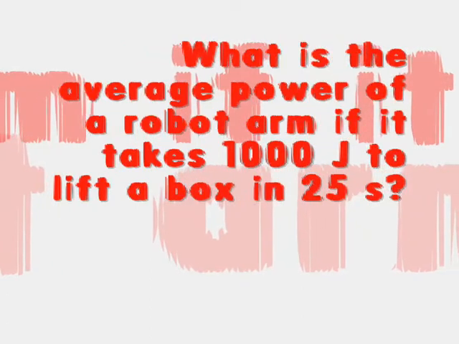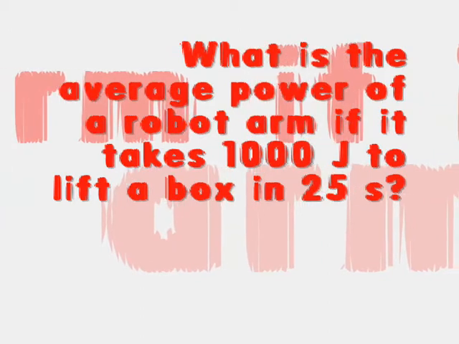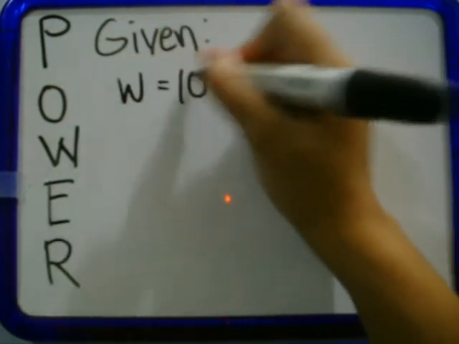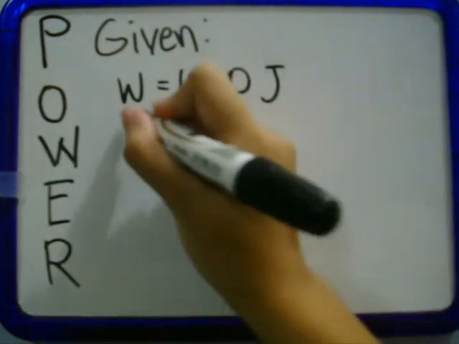What is the average power of a robot arm if it takes 1000 joule to lift a box in 25 seconds? Given work is equal to 1000 joule and time is equal to 25 seconds.